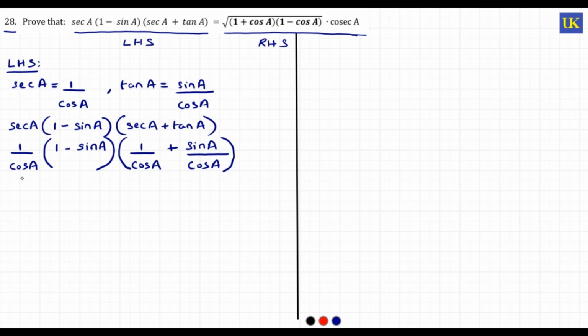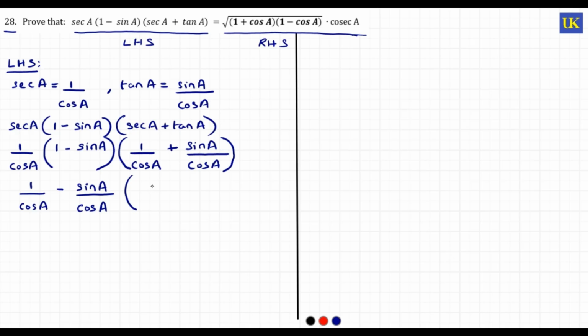Okay. Now I will multiply this 1 upon cos a here with 1 and with sin a. So this will become 1 upon cos a minus sin a upon cos a, and let me put this in a bracket.